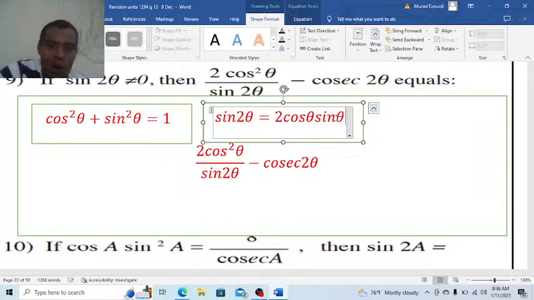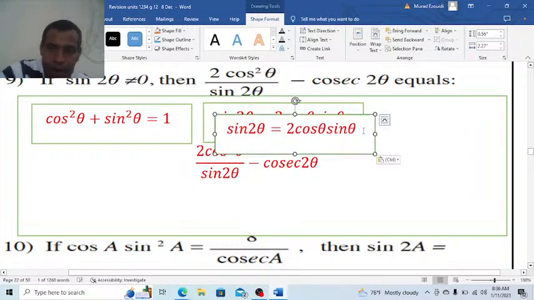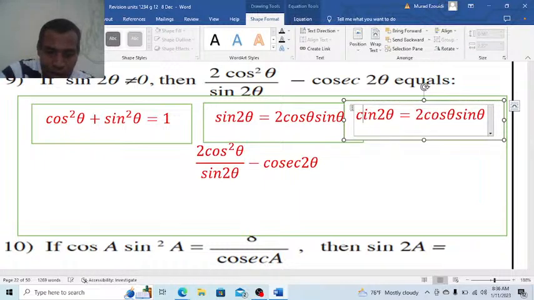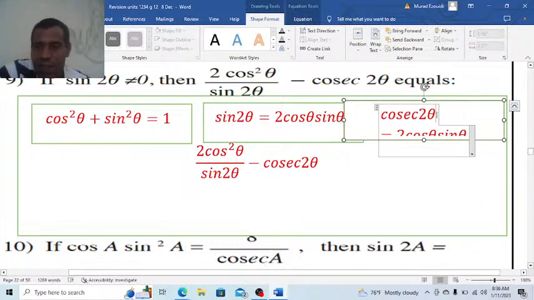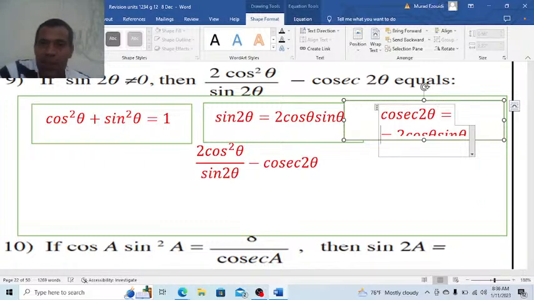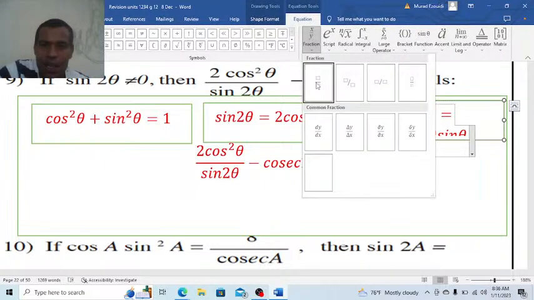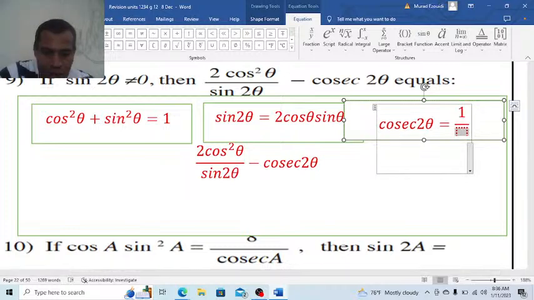Now, you also know that cosec 2 theta is equal to 1 divided by sine 2 theta, so it will be 1 over sine 2 theta.